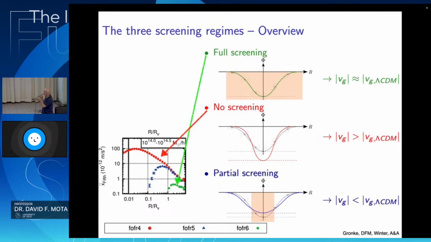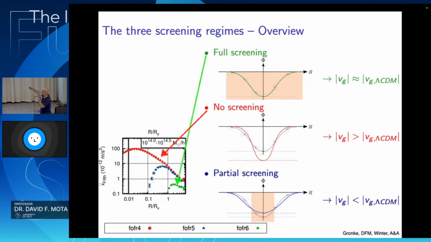In the no screening case, the f(R) 4, you see that the phi force is very strong, because even inside this halo of 10 to the 14 solar masses, so it's a very big galaxy cluster, a huge one, the phi force is quite active.